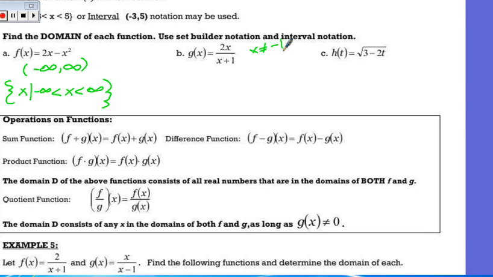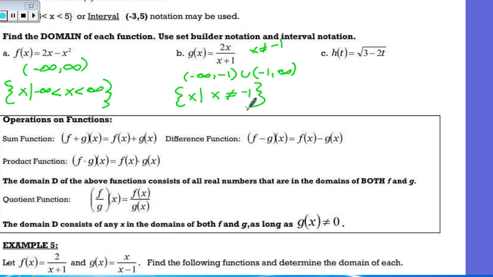The reason it cannot be negative 1 is that it would drive this denominator to 0, and that's just not okay. So our domain is going to be from negative infinity, traveling all the way through to negative 1, picking up on the other side of negative 1, and going to infinity. These soft brackets here mean that we don't include negative 1, we just get as close as we possibly can. In set builder, it would be x where x is not equal to negative 1.